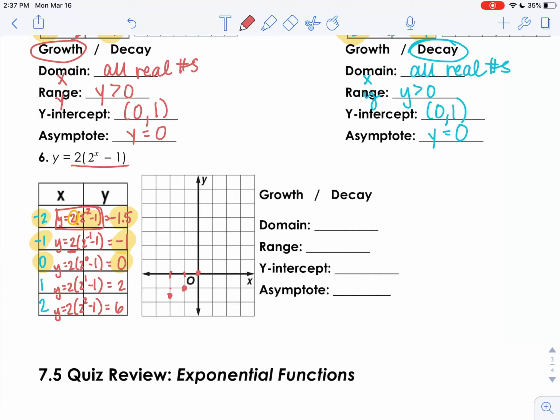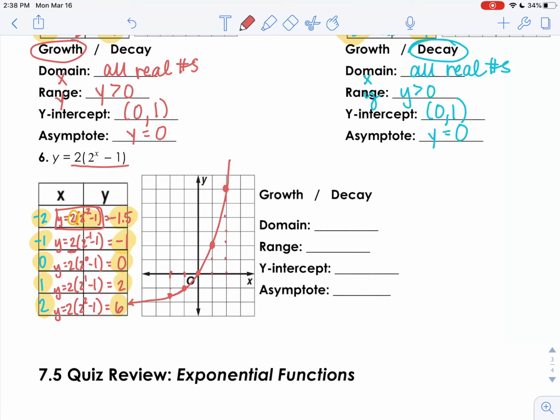My next point is 0, 0, right here. My next point is 1, comma, 2. And my last point is 2, comma, 6. So 2, comma, 1, 2, 3, 4, 5, 6. So we can see that this is curving up, and then it's leveling off like this.